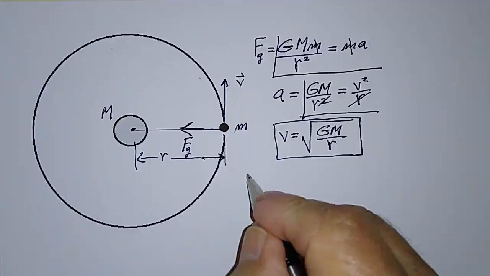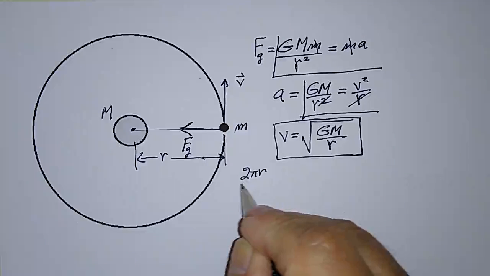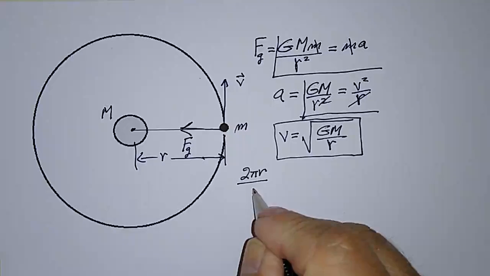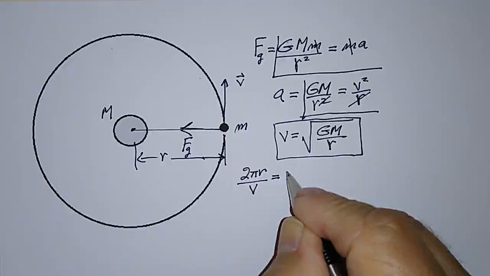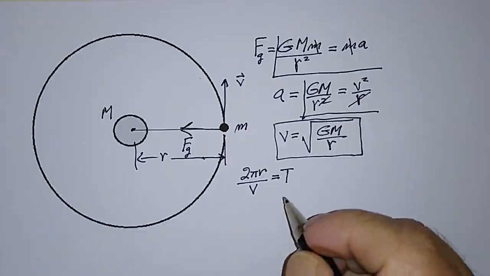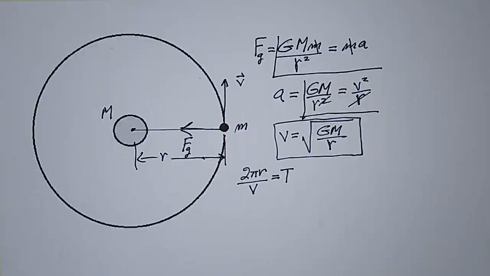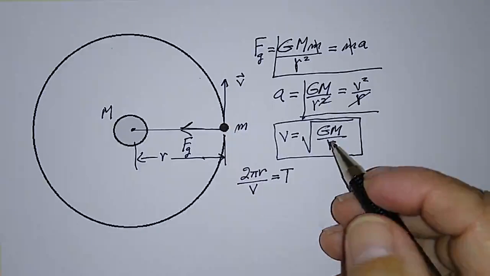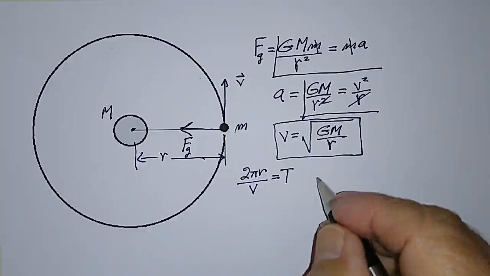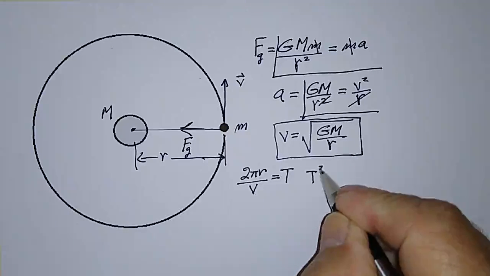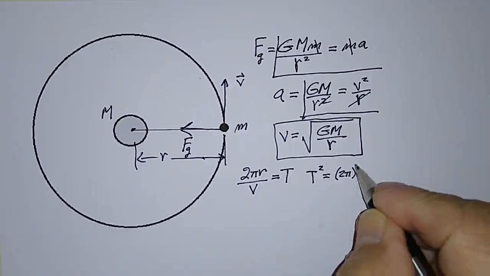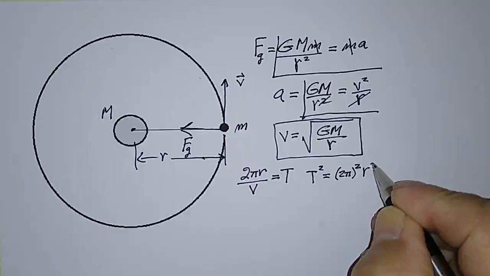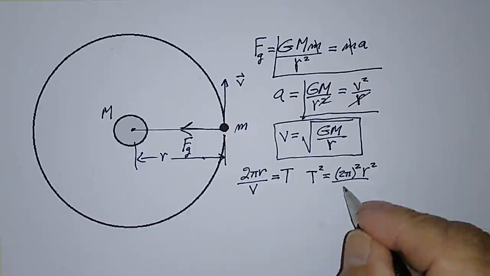We know that the distance, 2 pi r, divided by the speed v, is equal to the amount of time t that it takes to go all the way around. And what we can do, we can square t, and what we get from that is 2 pi squared times r squared divided by v squared.